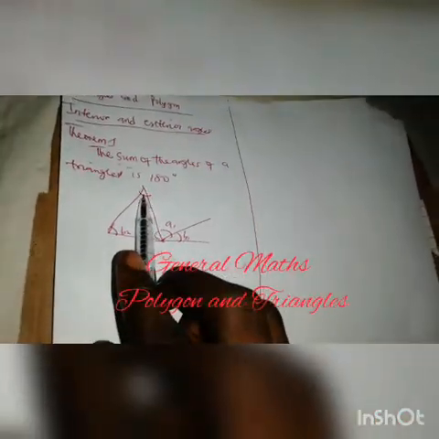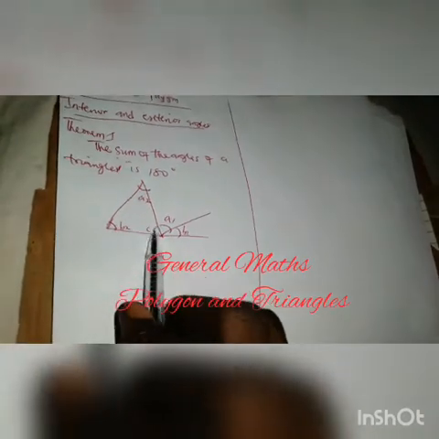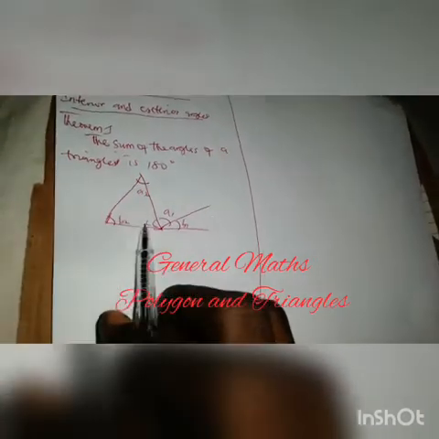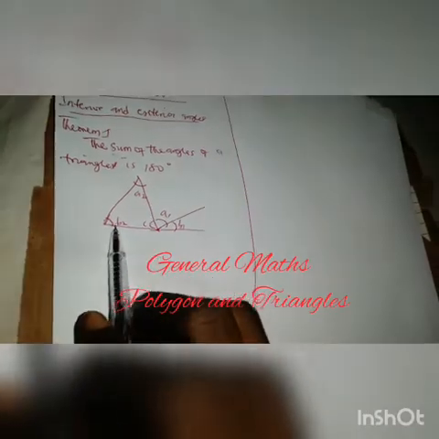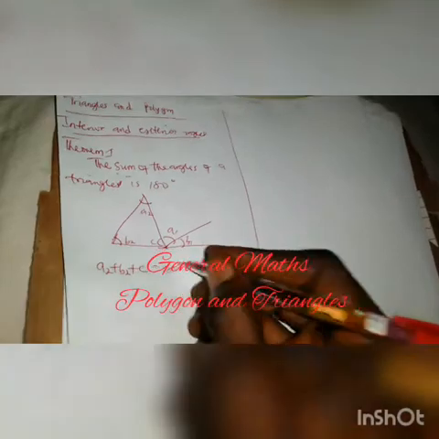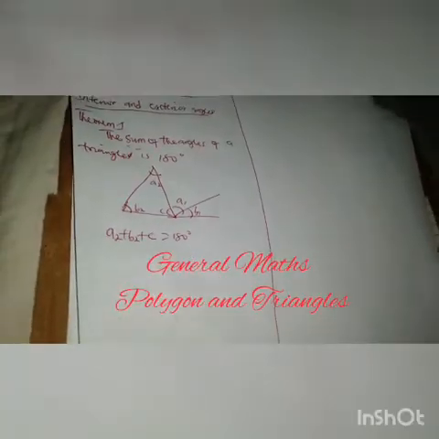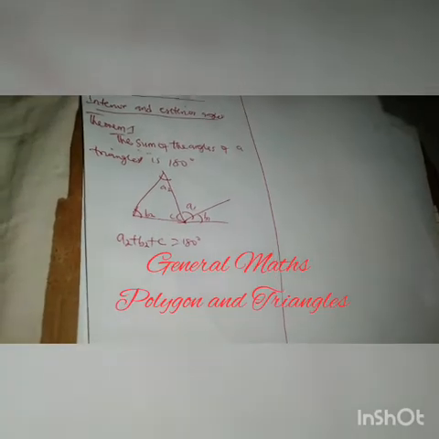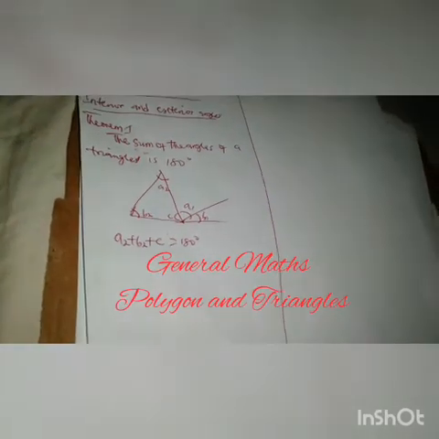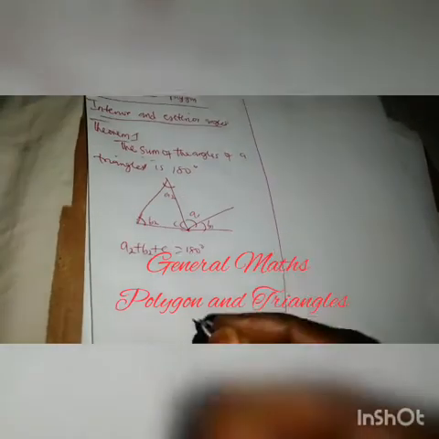When you look at this triangle, the angles in this triangle are A, B, and C, and the theorem said that the sum of the angles there, which are 3 angles here, is equal to 180 degrees. That is the first theorem, and it's very simple. So let's go to the next rule.